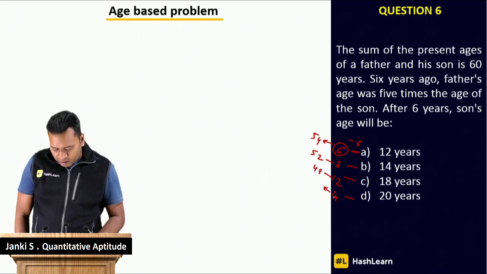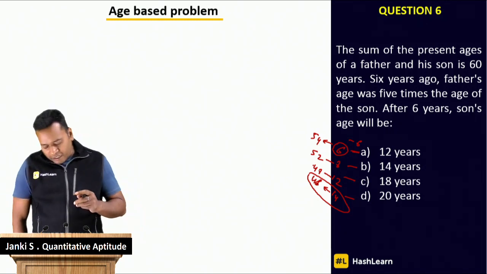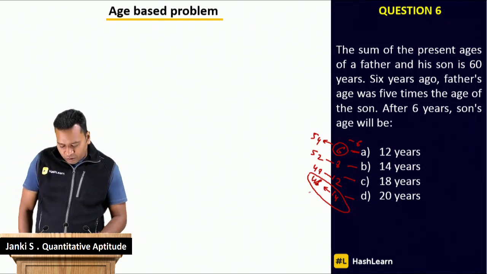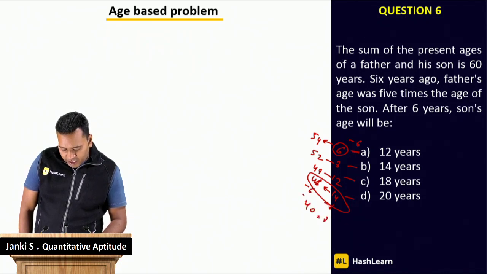And if we subtract it from 60, that means the remaining value is nothing but 46. From 46, I'll subtract 6. Definitely this is a value which could satisfy the condition, right? So that's the first thing which we have identified from the options, right? Because if we subtract 6 from both the values, now the value is nothing but 40 and this is nothing but 8.